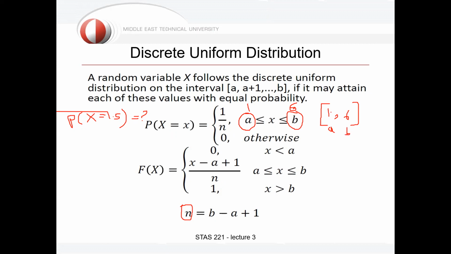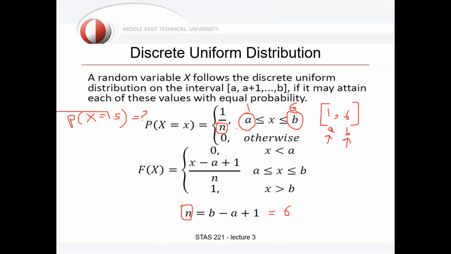So 6 minus 1 plus 1, which will give you 6. So this is the total number of possibilities or outcomes, as we talked about before. So for each one of these points, 1/n, as you can see in the formula. So 1/6.